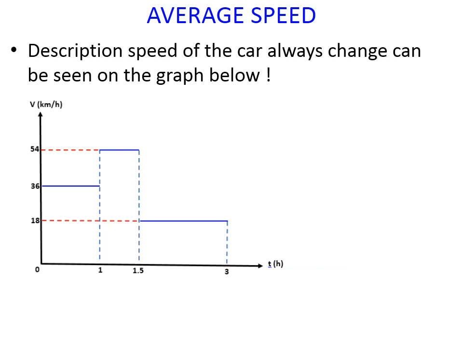And between the time interval 1.5 hour and 3 hour, the car moves with a constant speed of 18 km per hour. This is shown by the blue straight line of the third motion.